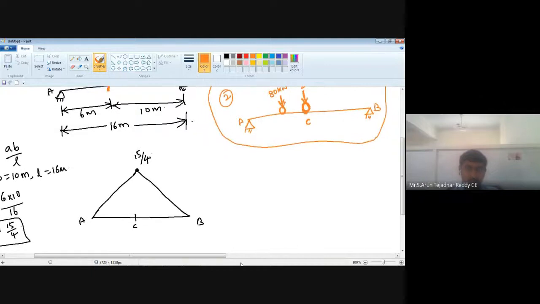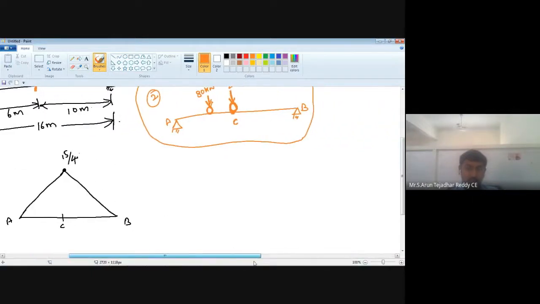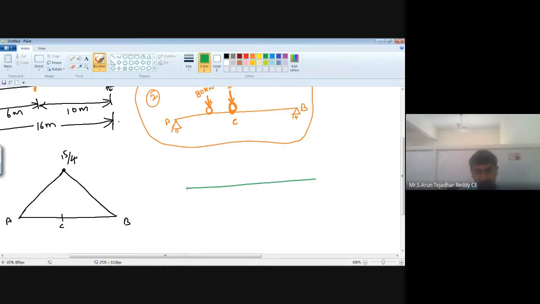Now already you know that old process. Yesterday we calculated clearly, and in previous classes also we calculated clearly. But once again I'll tell you. A, B, and it is C. Okay. Here it is 200 kilonewton.